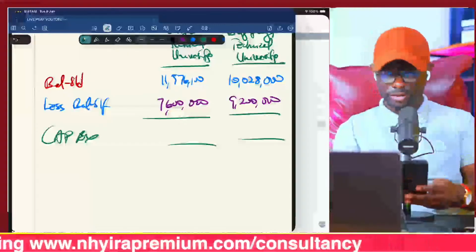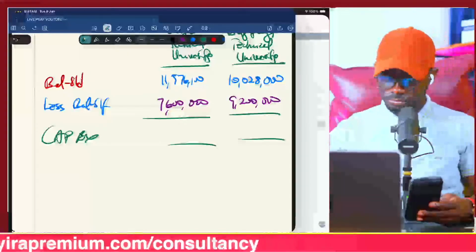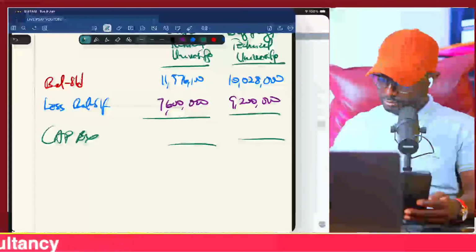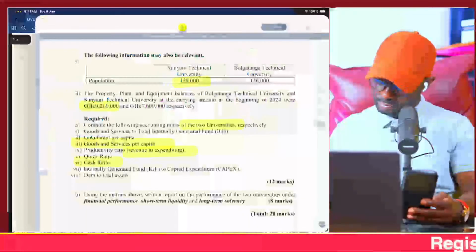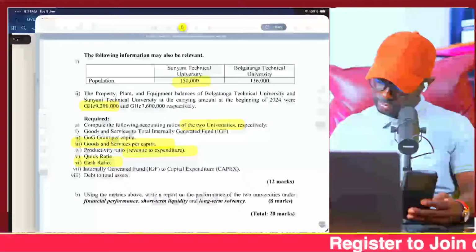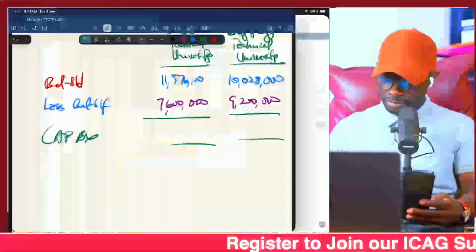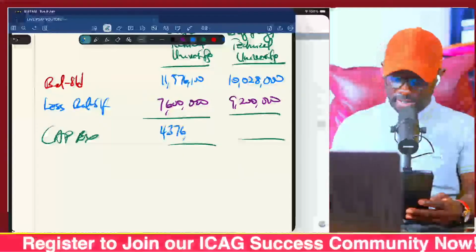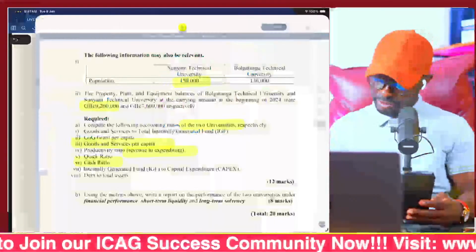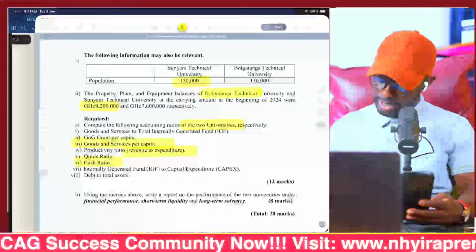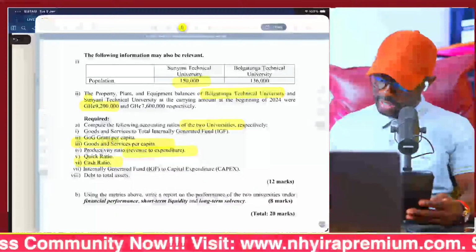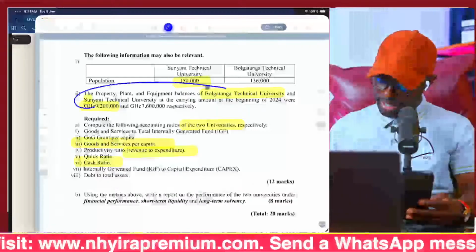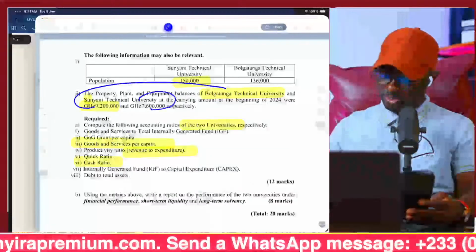And that is 4 million for us. 4,376,100. Please stay with me. Bolgatanga, Sunyani are this and this respectively. Yeah, so the 9 million is for Bolgatanga, 7 million is for Sunyani.